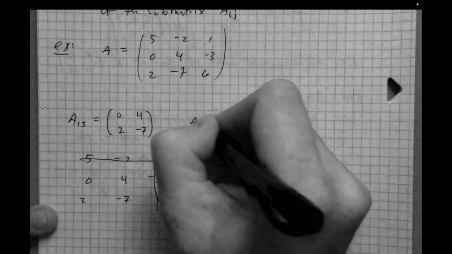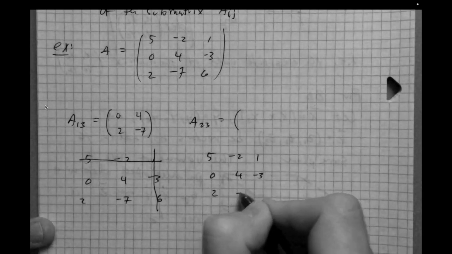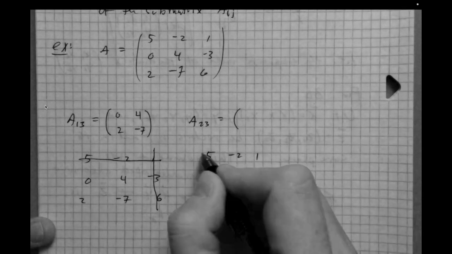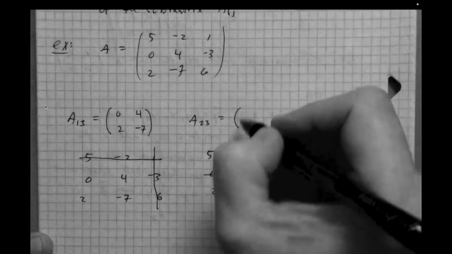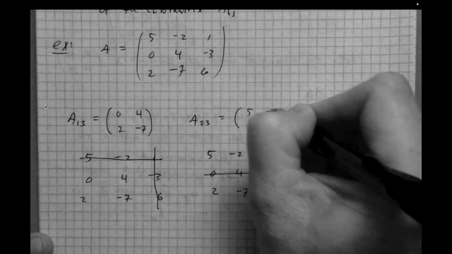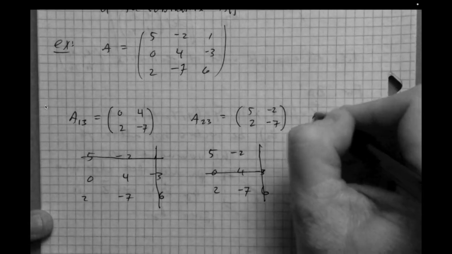What about the A23 submatrix? In the same way, you can think about having the entire matrix A, but blocking out the second row and the third column, so like these two. What remains is the submatrix 5, -2, 2, and -7. What about A33?